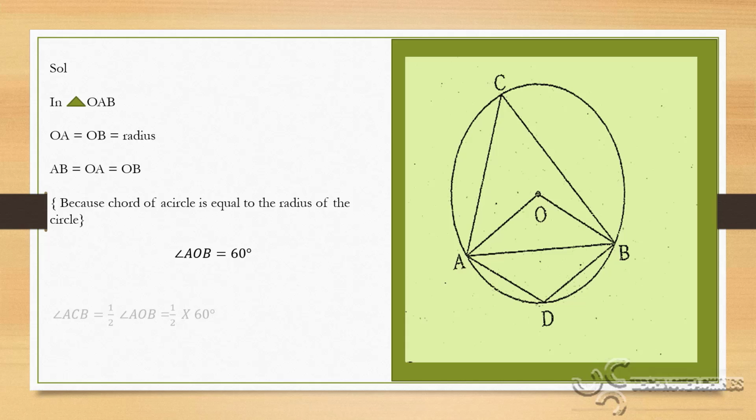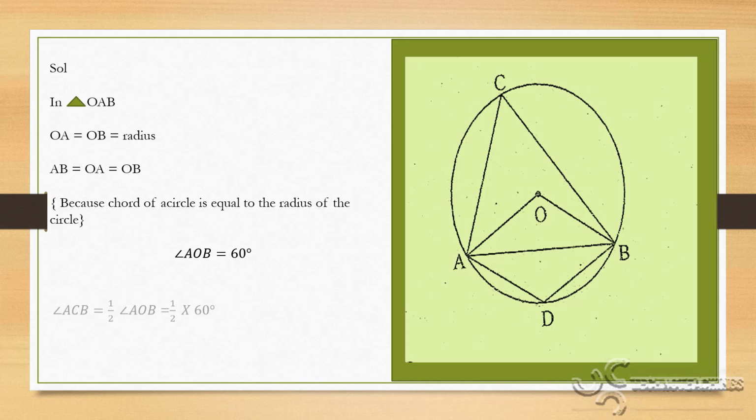I repeat once again, since AB is equal to OA is equal to OB, triangle OAB is an equilateral triangle. Therefore each interior angle of this triangle will be 60 degrees, so angle AOB is equal to 60 degrees.